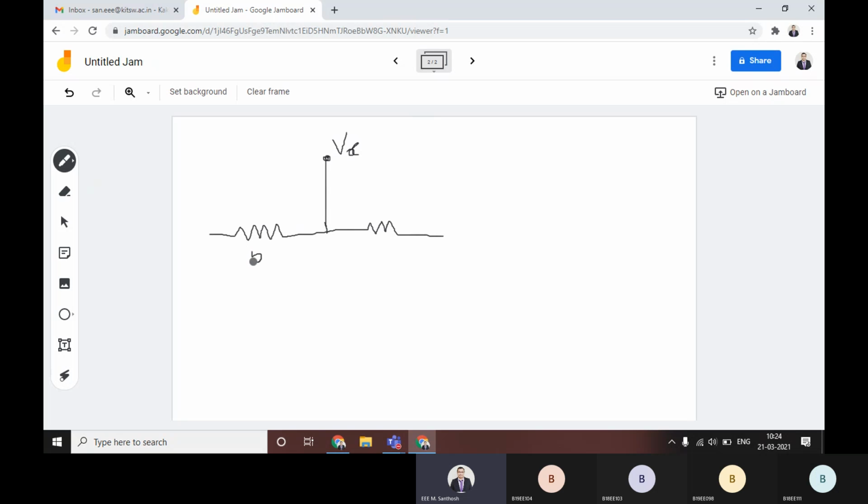This is 5 ohm and this one is also 5 ohm. At this point, the voltage is plus 5 volts. Then at this point it is equal to minus 5 volts.